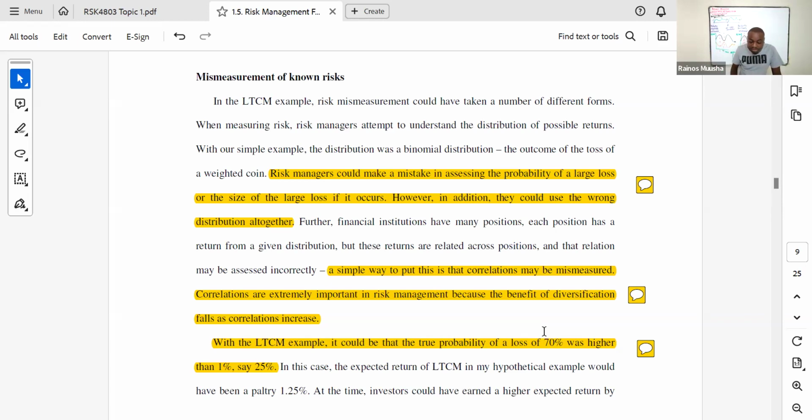Now they're basically saying that because they mismeasured a known risk exposure in the case study of LTCM, they ended up understating their risk exposure, where they were just saying that the probability was basically just 1% of the time, when the probability of suffering that loss was actually 70% high.